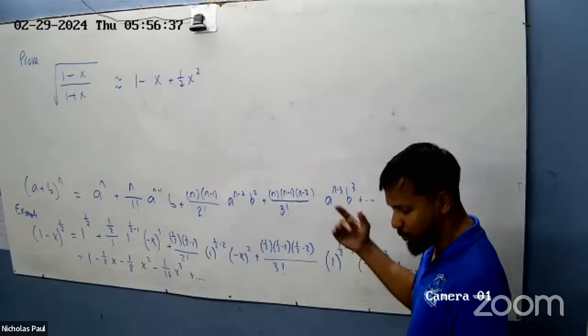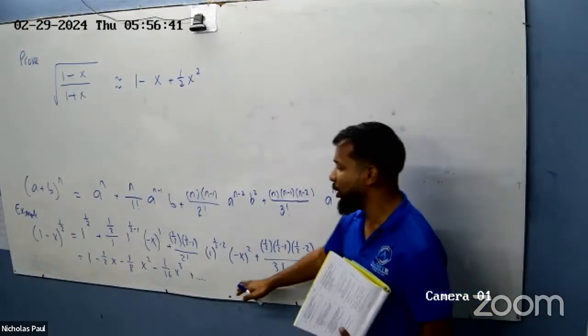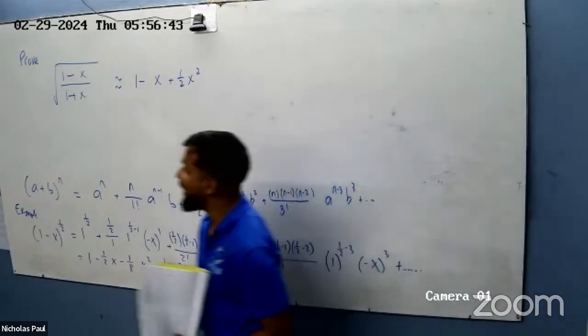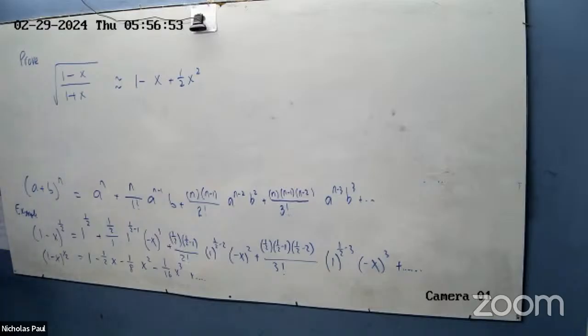We already have the expansion for 1 minus x to the half. We've got to figure out what to do here.